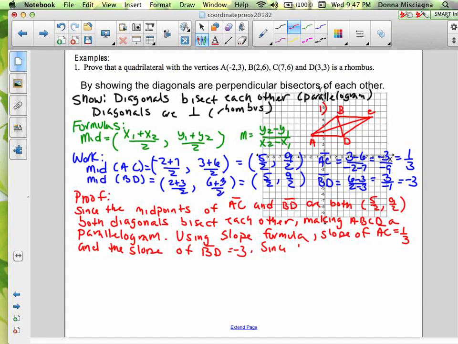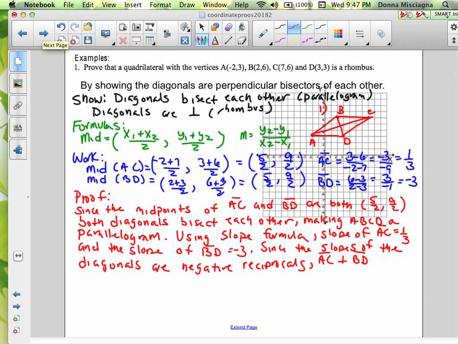Since the slopes of the diagonals are negative reciprocals, AC is perpendicular to BD, making ABCD a rhombus.